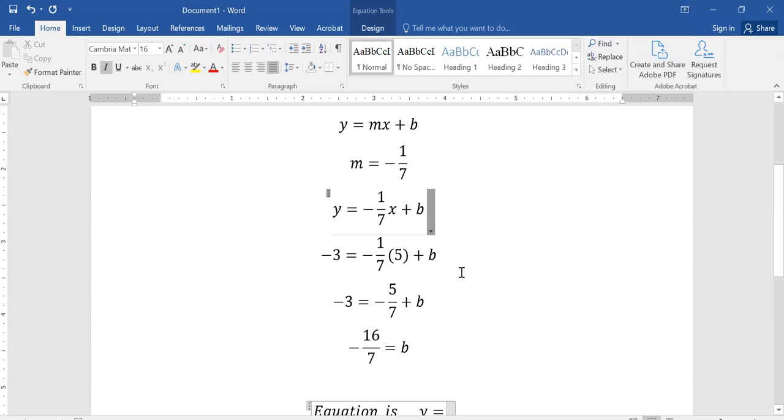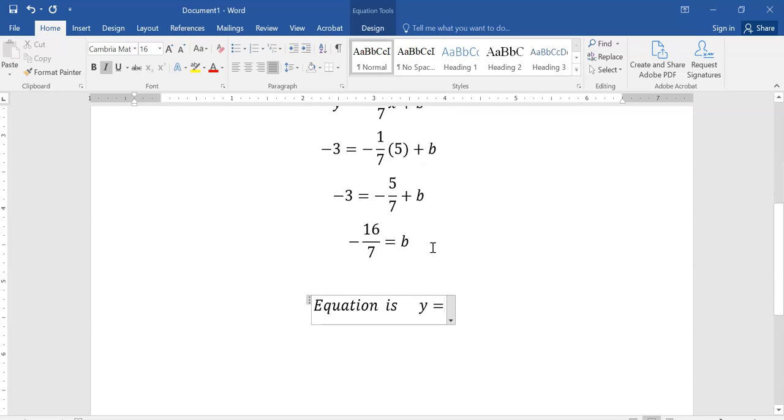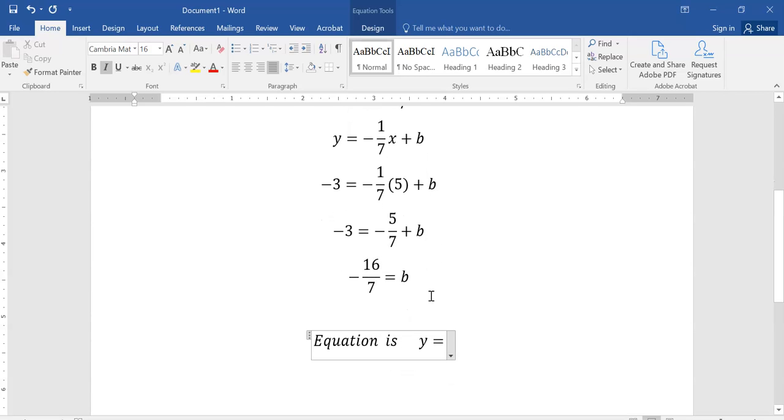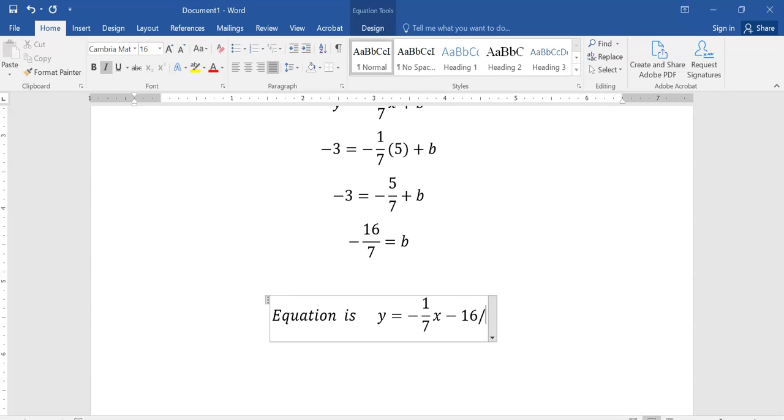So now what we've done is we found the slope and the y value of the y-intercept of what we're looking for. And so now I can just simply write y equals mx plus b, where m is -1/7 and b is -16/7. So y equals -1/7 x minus 16/7.